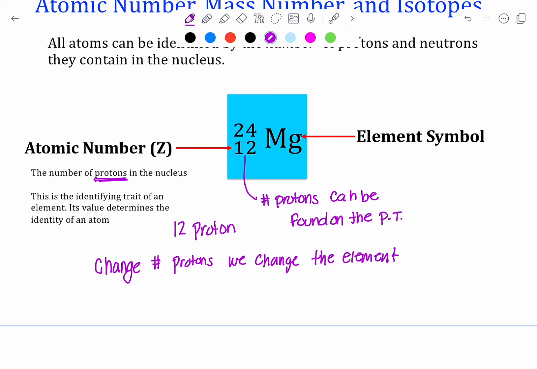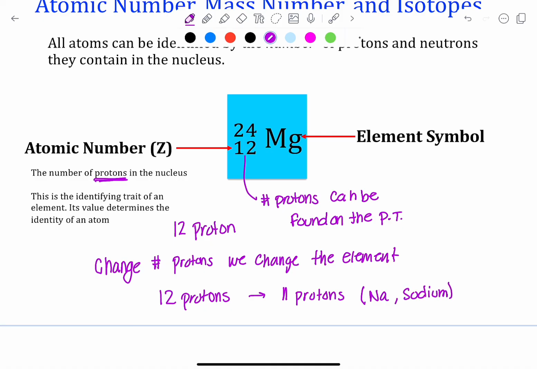For example, if we went from 12 protons and changed it to 11 protons, this would no longer be magnesium, it would be Na, or sodium, which is element number 11 on the periodic table. Okay, so that's how we can use our atomic number Z to tell us the number of protons in our element.